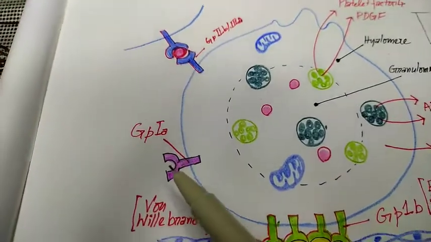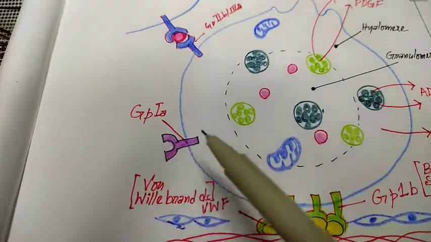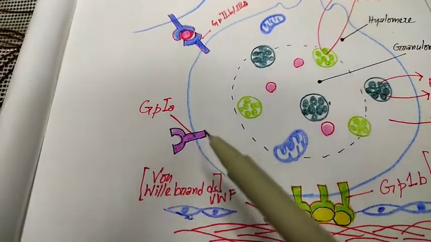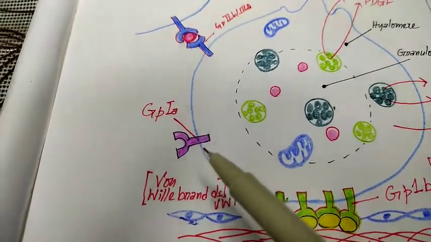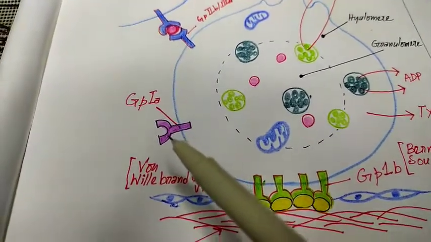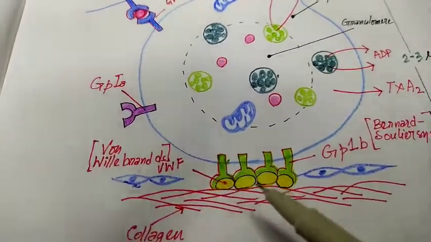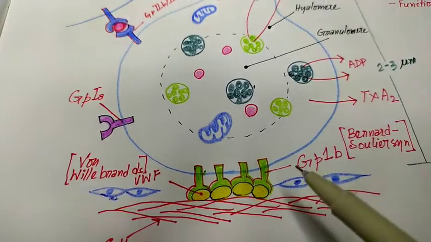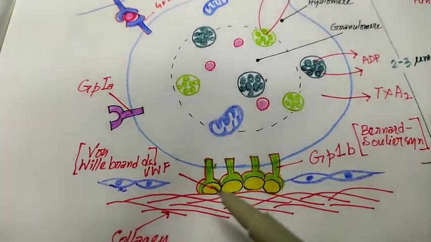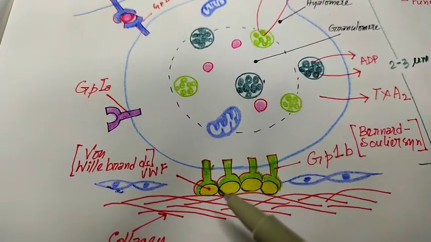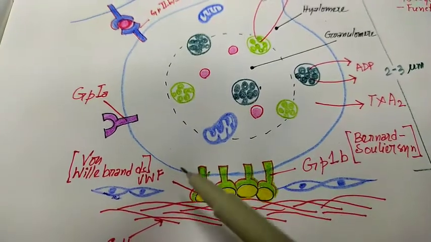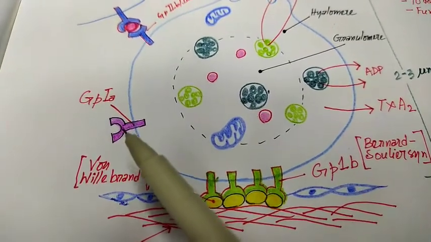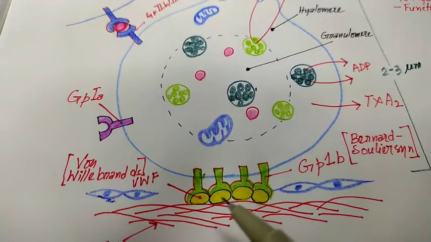Now, what is the role of this Gp1a receptor? This Gp1a receptor also helps in adhesion, but it does not require any von Willebrand factor for adhesion. In case of Gp1b, there is requirement of the von Willebrand factor for the adhesion, but in case of Gp1a, there is no need for any von Willebrand factor.